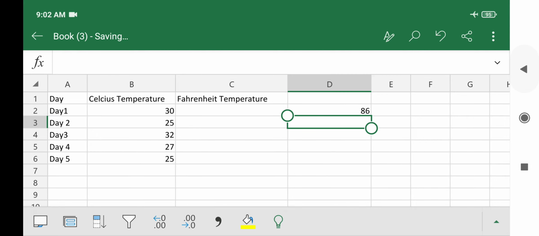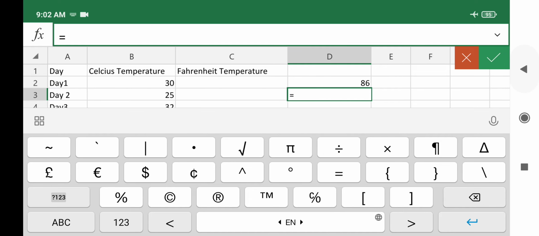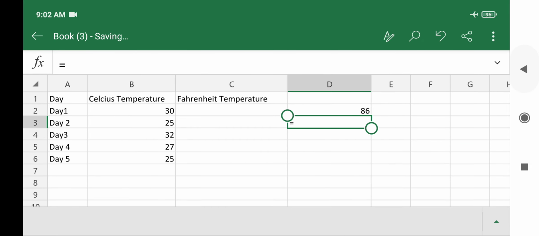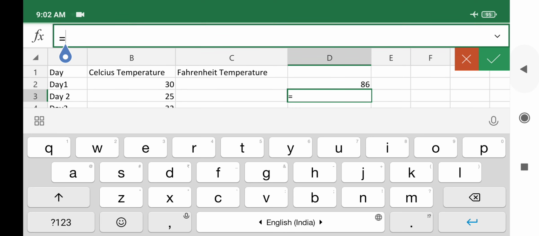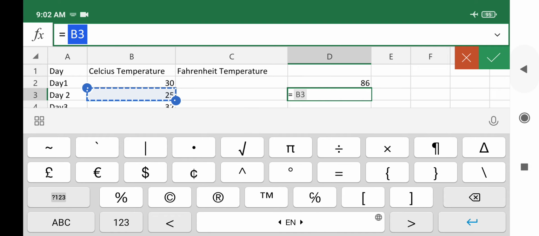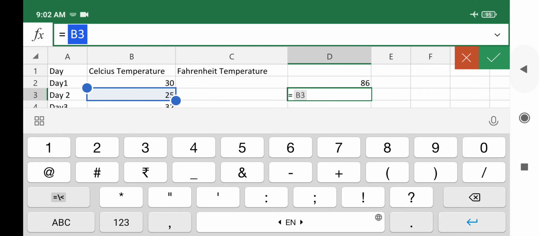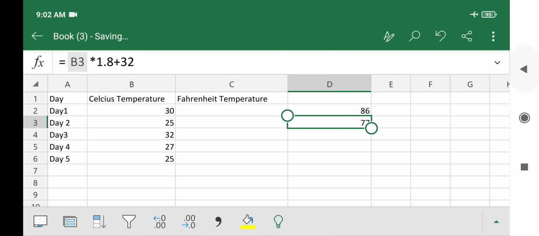The same way we go for the next one. We perform each one so that the concept is clear. First click equals to, then click the Celsius temperature, then the multiplication symbol. On a computer the cross symbol doesn't work, the one that works is the multiplication symbol. Then write 1.8, then plus 32, and click the right symbol.